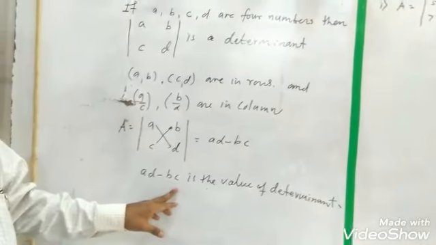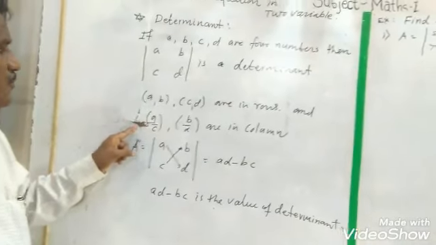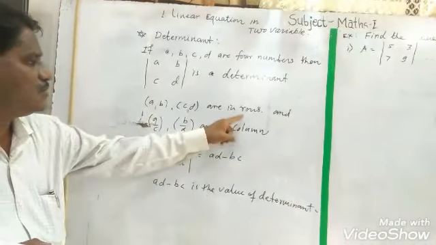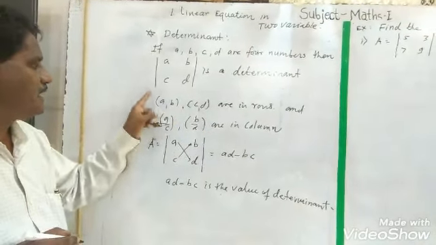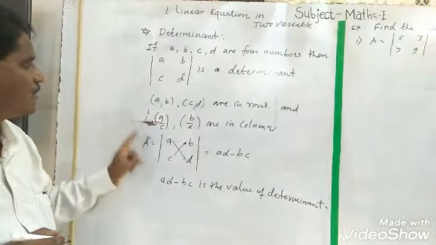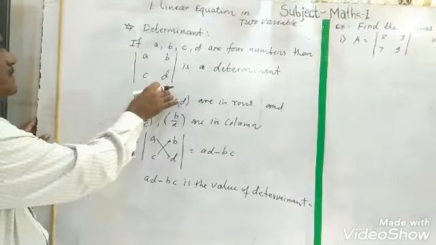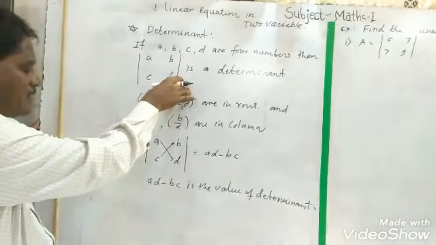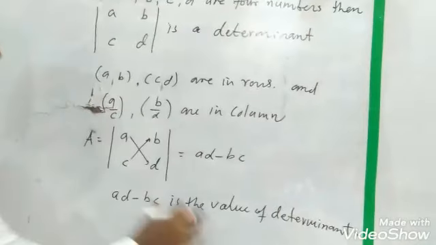So therefore why is it called degree of 2? That is A, B, C, D are in rows and A by C, B by D are in column. So therefore each row has 2 elements, each column 2 elements. So therefore read as determinant of order 2. Okay? So therefore AD minus BC is the value of determinant.